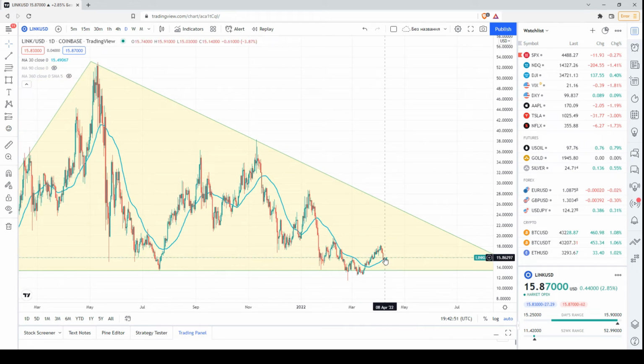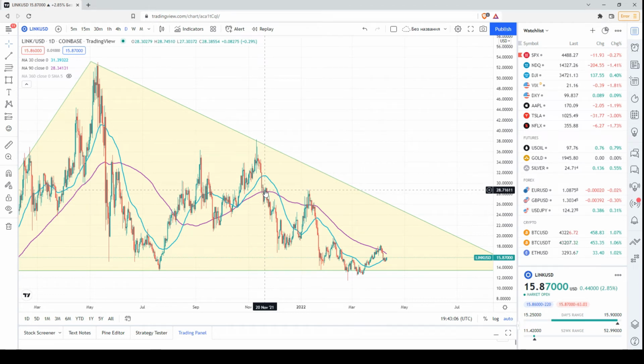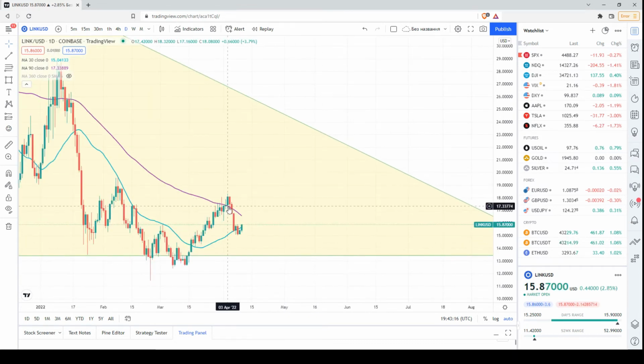This is some kind of support for the price, but it's still not enough for me to say that this is a bullish signal. Next, this is the 90-day moving average, or for the period of 3 months or 1 quarter. The price has been below this moving average since the middle of November as well. It faced resistance in January, and the price was not able to overcome this resistance. We see something similar at the moment.